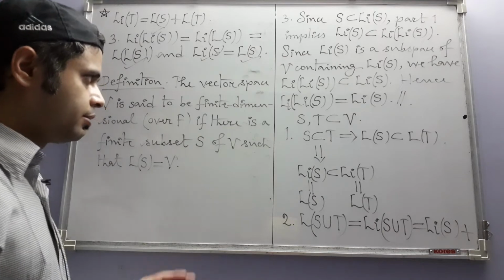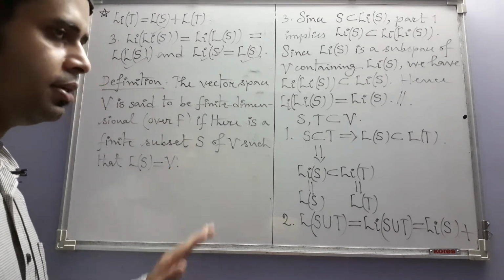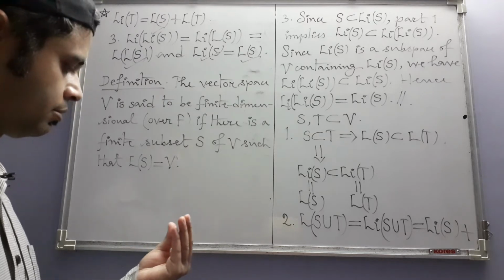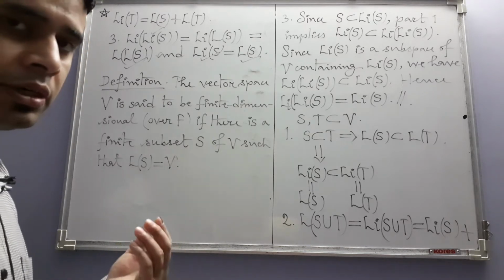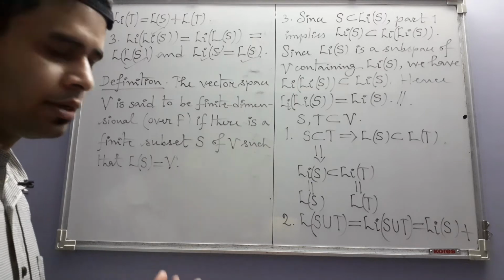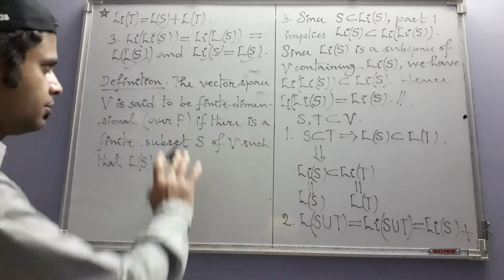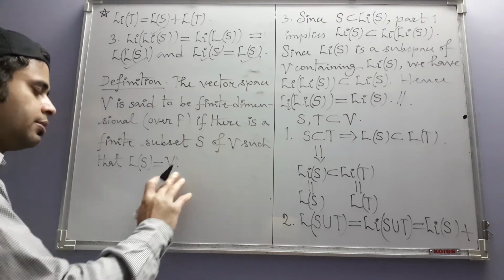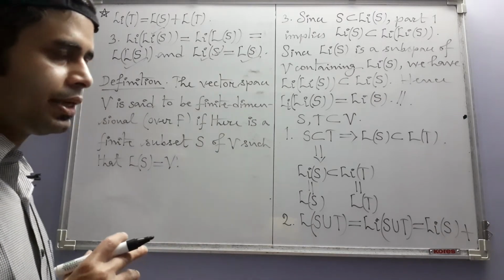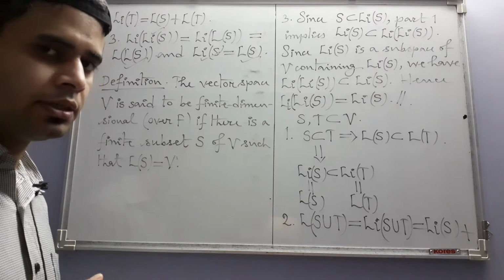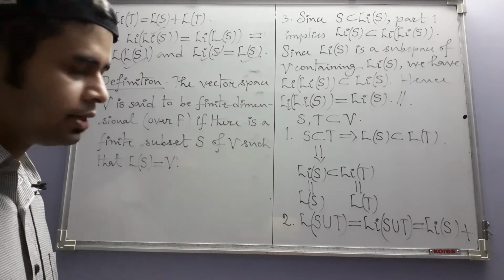Note one thing, that this definition defines finite dimensionality, not the concept dimension itself. That is something that will come shortly, that will come later. Right now, the definition only says that when a vector space can be generated by some finite subset inside of it, then it is said to be finite dimensional.